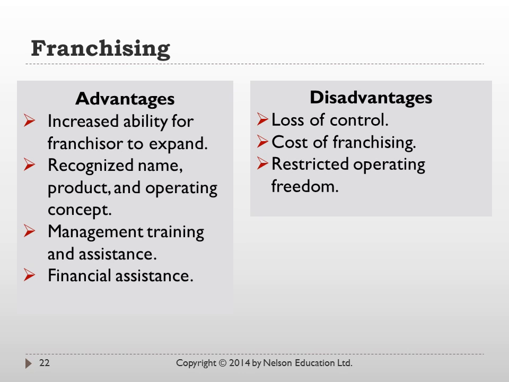There are some disadvantages, however. Not only is there a franchise fee, which can be hefty, paid up front, but there is usually a royalty payment that is paid on a regular basis to the franchisor. So there is a significant cost to franchising.